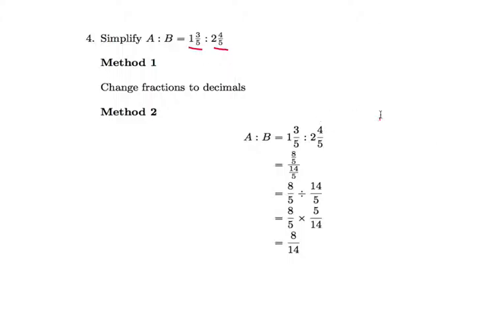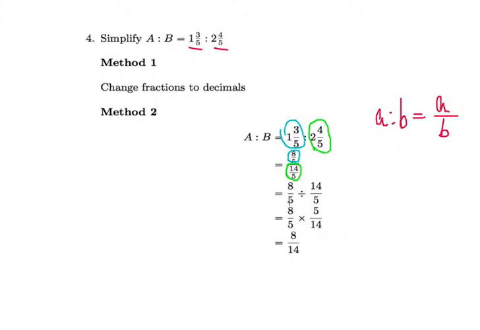You can use our definition, like we just said, A is to B is equal to A over B. A is on top, so I'll just change it to 8 over 5 for easy reference. And then 4 over 5 is 14 over 5. So this simply means A divided by B, right?